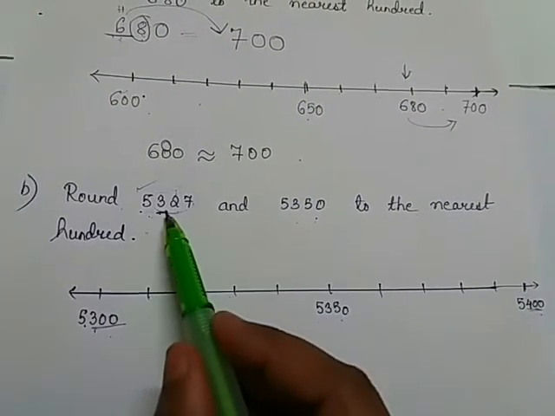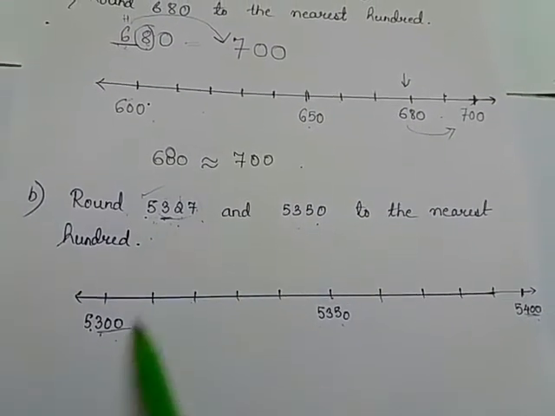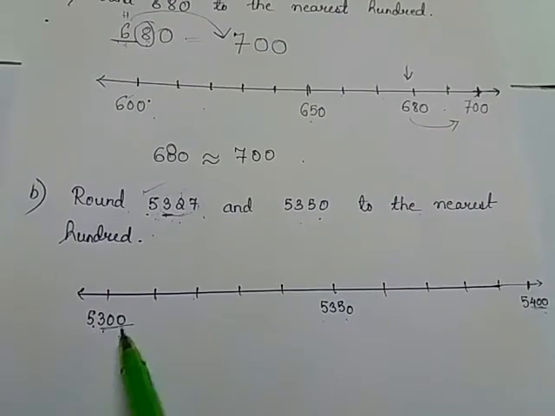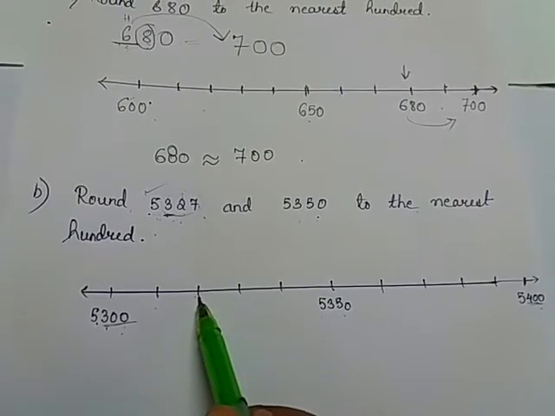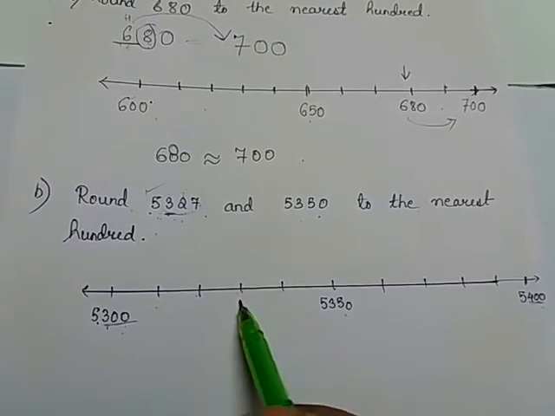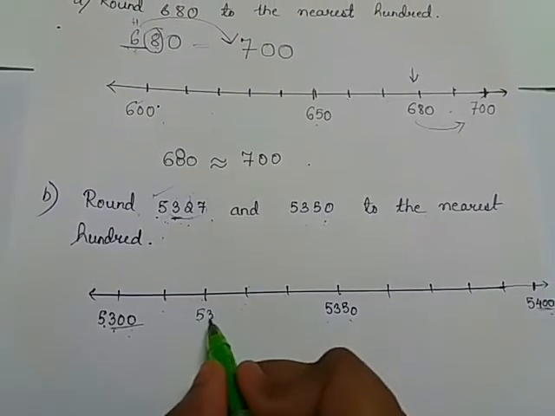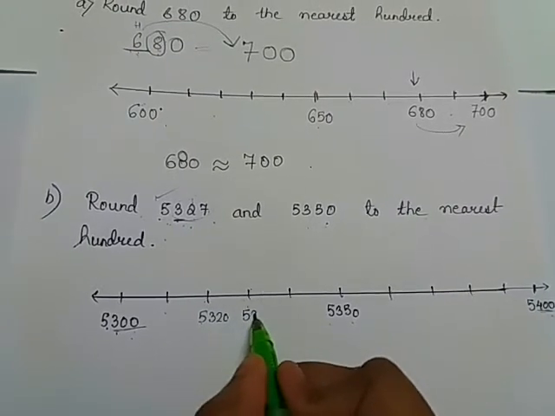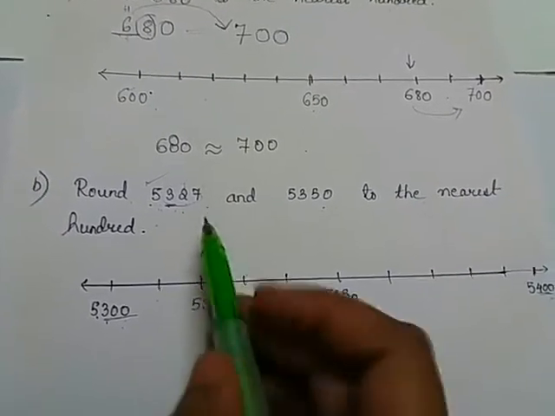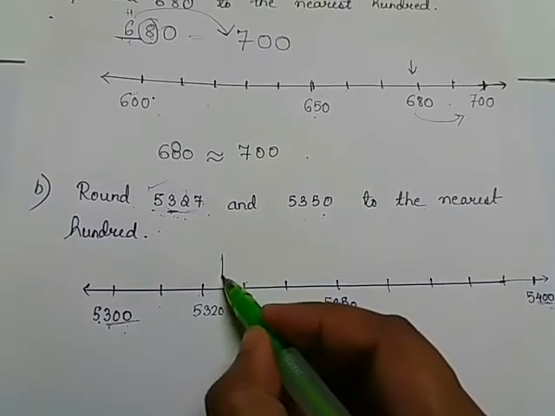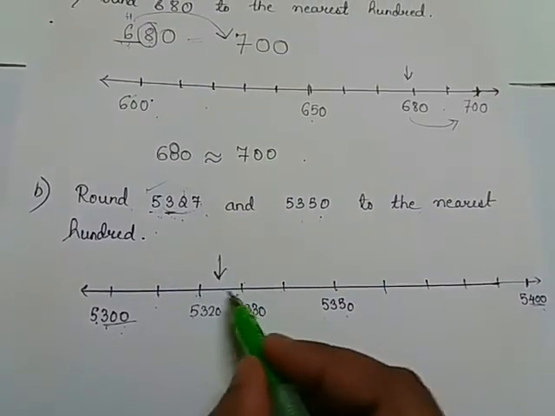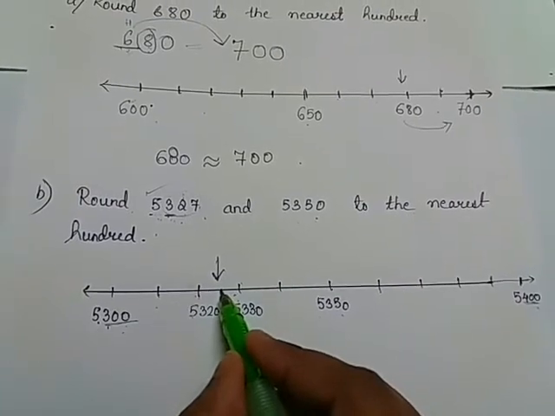Now this is 5327. If this is 5300, this will be 5310, 5320, 5330. Now this 5327 will surely lie somewhere between these two numbers.